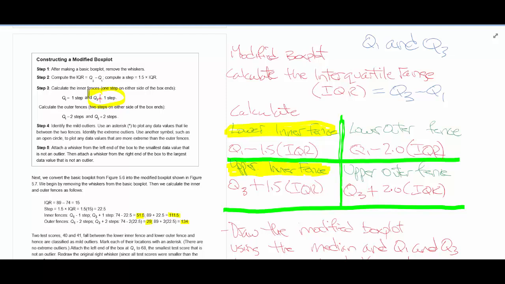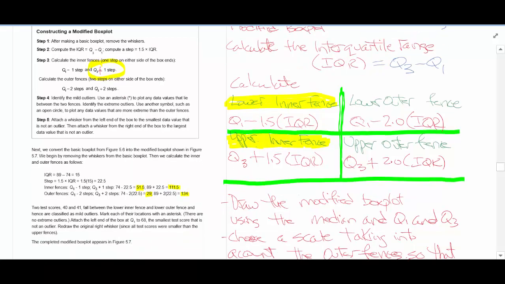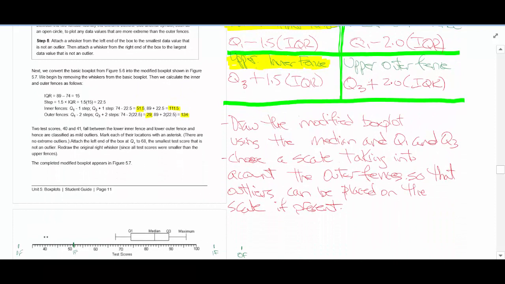And now the lower outer fence and the upper outer fence are calculated the same way, except instead of 1.5 times the interquartile range, you're going to multiply the interquartile range by 2 in both cases. Next, you draw a modified box plot using the median, Q1 and Q3. Now, I suggest you take a scale into account so that you can plot outliers if necessary.